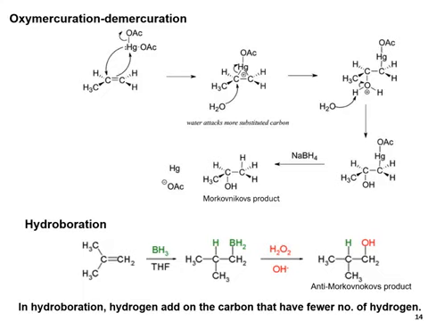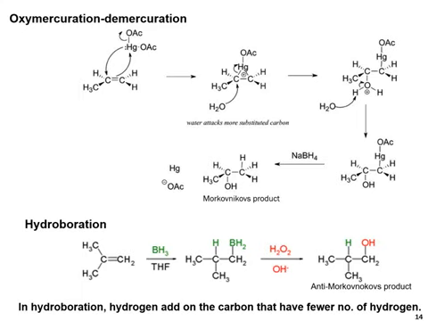This is the example of oxymercuration and demercuration. First of all, the olefinic bond attacks the mercuric acetate and gives this intermediate. Then a water molecule attaches on the carbon that already has the alkyl group. Then it gives the next intermediate.